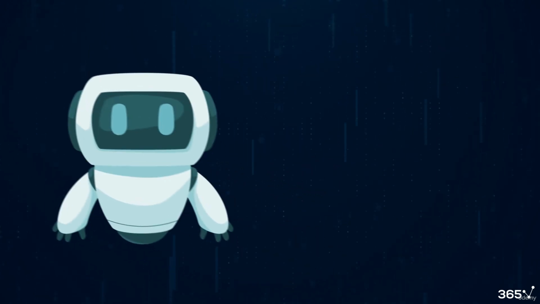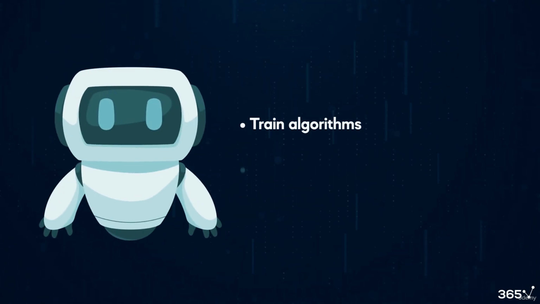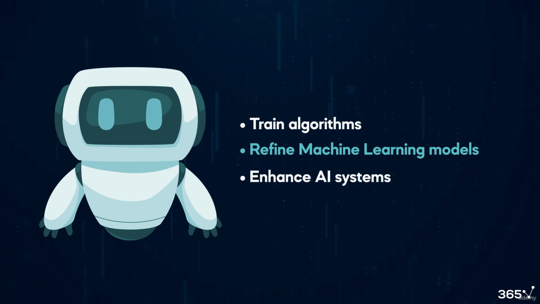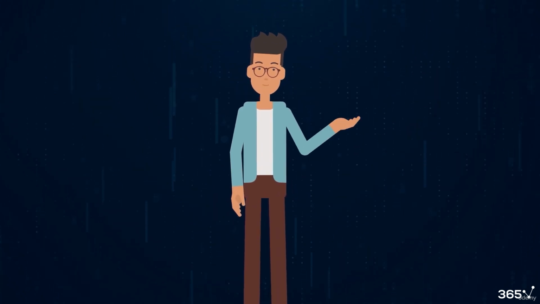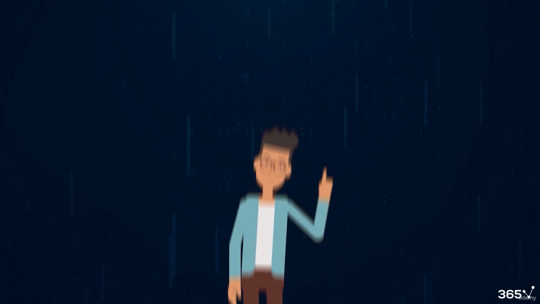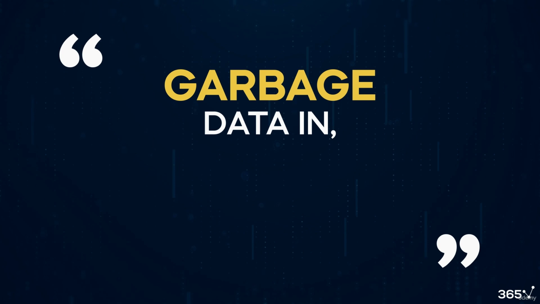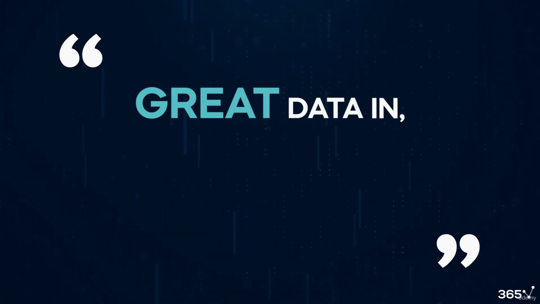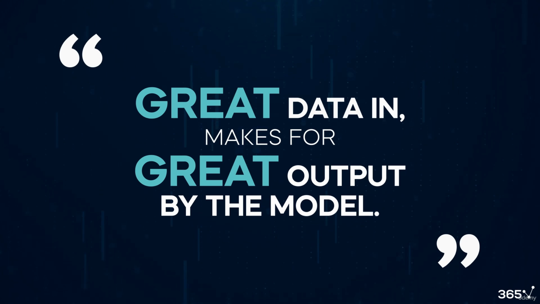This wealth of data enables them to train algorithms, refine machine learning models, and enhance artificial intelligence systems to better understand and interact with the world. Data scientists often say, especially when building AI models, garbage in, garbage out. High-quality data input ensures excellent model output.